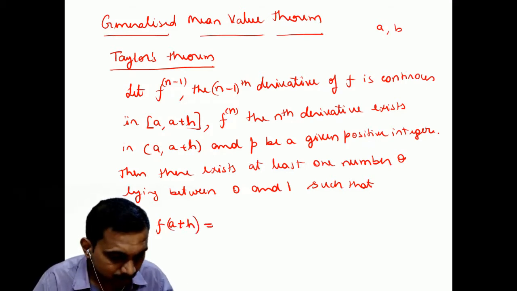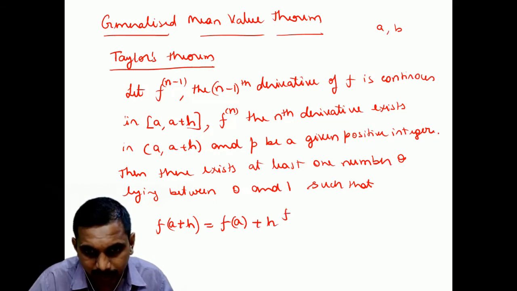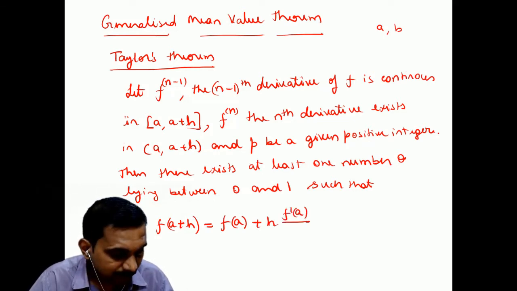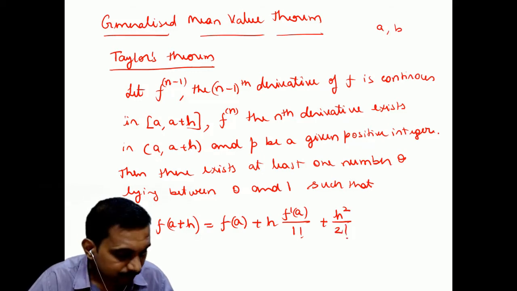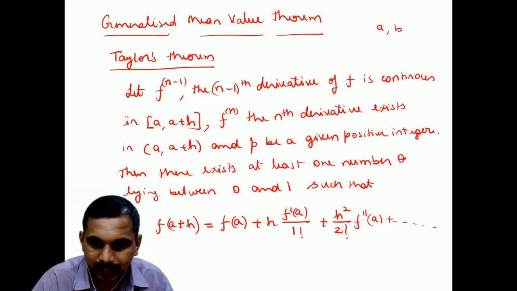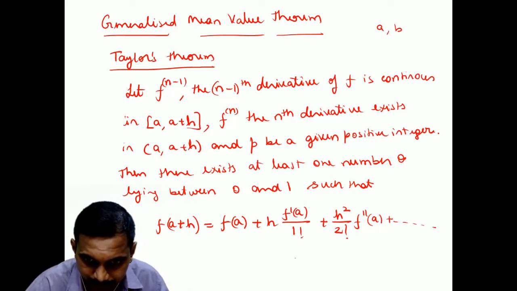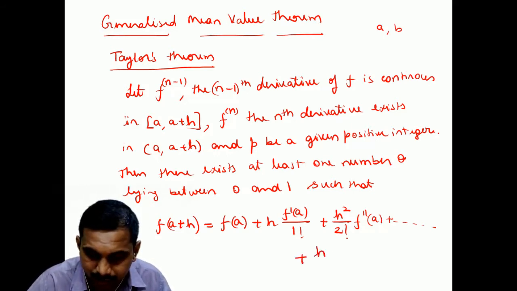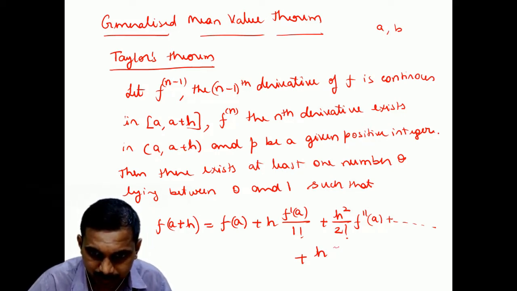Okay, let us know the most complicated one first, then we will go to uncomplicated things. Okay, equals f of a plus h into f dash of a divided by 1 factorial, plus h square by 2 factorial into f double dash of a, plus so on, up till plus h raised to n minus 1.